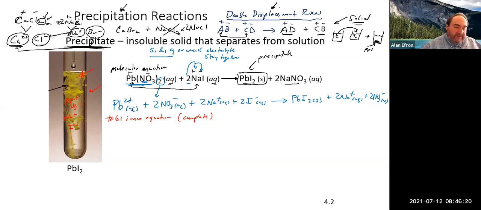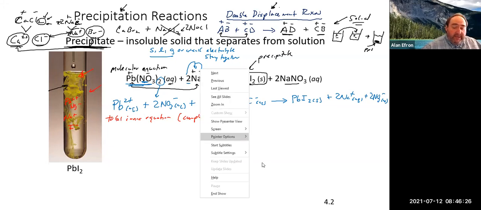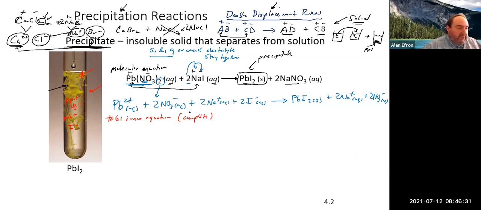And we could do that first off by looking at our total ionic equation. If we look on both sides of the arrow, we should be able to find some ions that look exactly the same. So in this particular example, on the left-hand side, I see 2 nitrates.